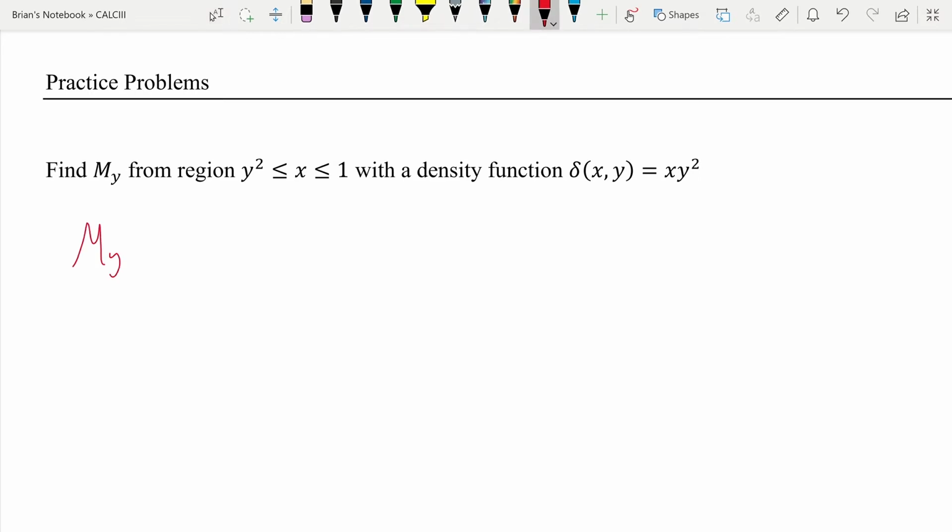Remember that My is equal to the integral over the region, and because we're missing an x, it's going to be an x times the density function, dA. All right. I'll give you guys about 2 or 3 minutes to go at this one. See if you can do it without using your notes, but if you need to reference your notes, note review is always a great skill to practice, and I'll get back to you in about 3 minutes. Good luck.